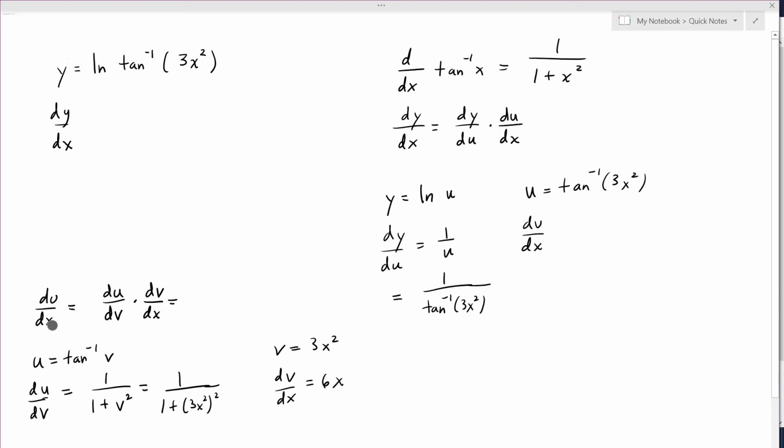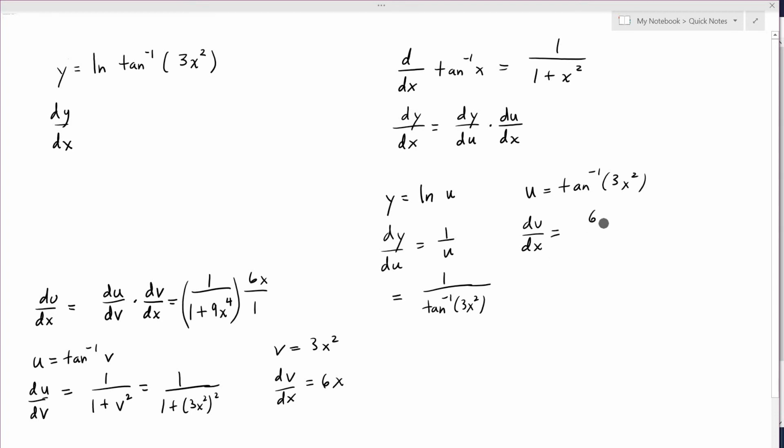Okay, and so du/dx, which is what we're trying to find over here, by the chain rule, will be the outer derivative. I'm going to go ahead and write that as 9x to the 4th power times the inner derivative, which is just 6x.